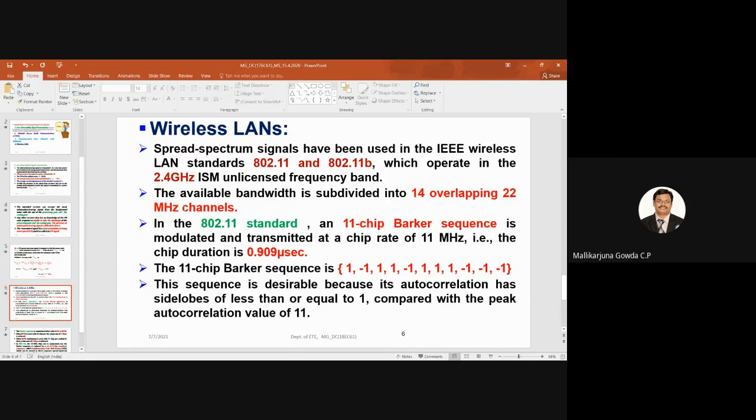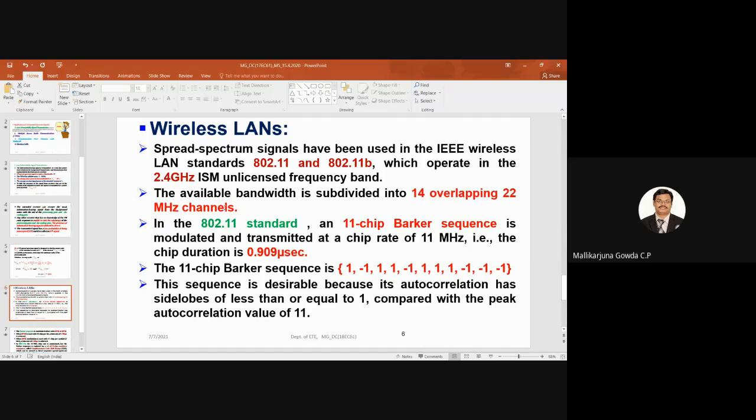Okay, so the available bandwidth in this frequency band is subdivided into 14 overlapping 22 megahertz channels. Of course, here they are using the concept of so many other things, but at least you should be able to understand.